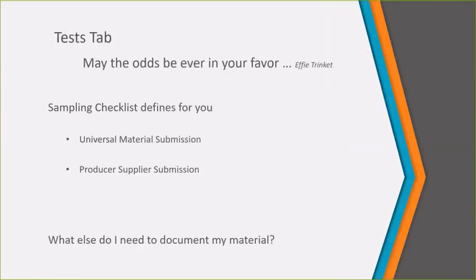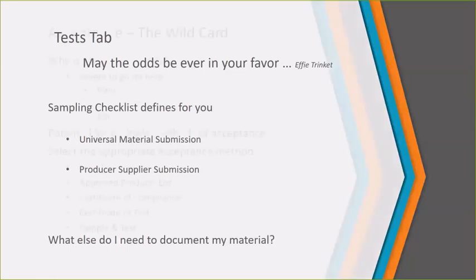The test tab. Now this is where it starts to get interesting. The sampling checklist is going to define for you two things: the universal material submission and the producer-supplier submission. But think about what else you'll need to document in order to satisfy the requirements for universal material.